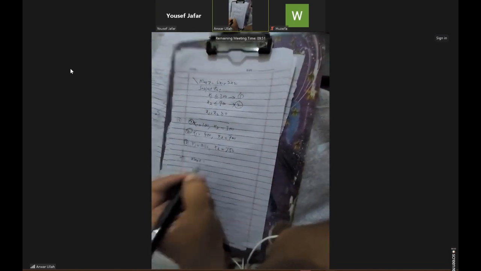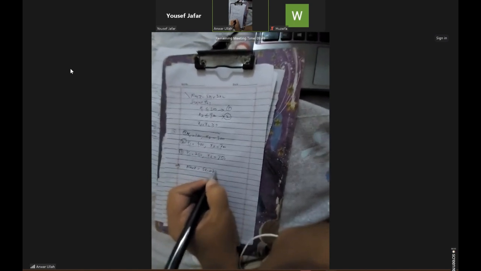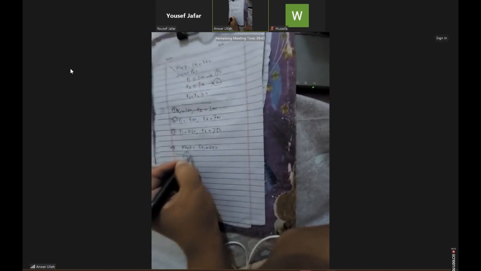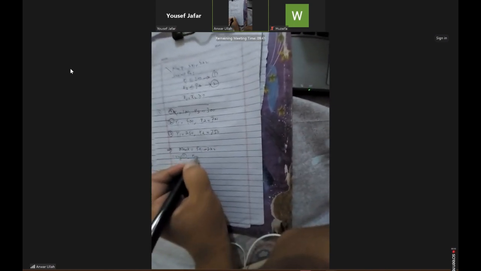Okay, so now maximum z, we know that it is equal to 5x1 plus 2x2. Now, using option 1, x1 is equal to 100 and x2 is equal to 300.